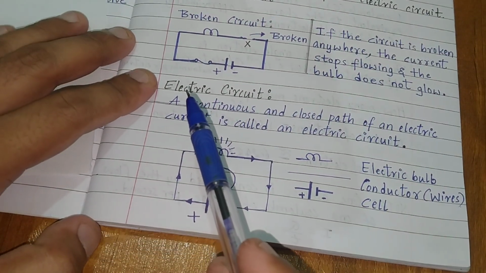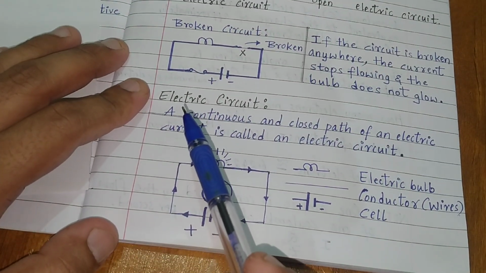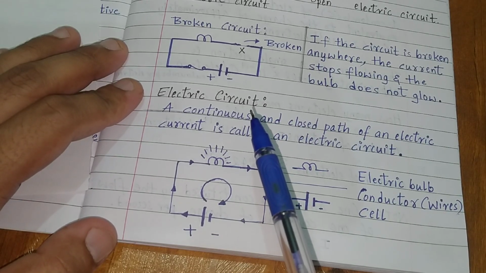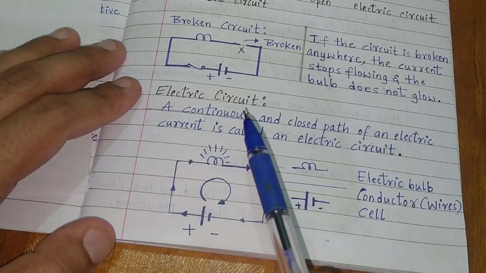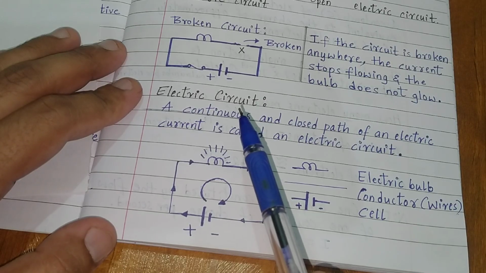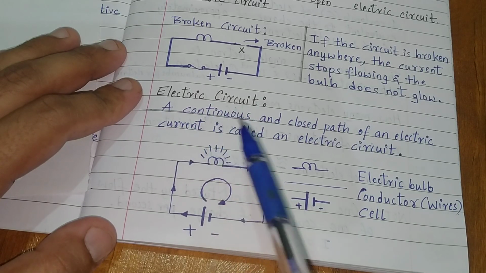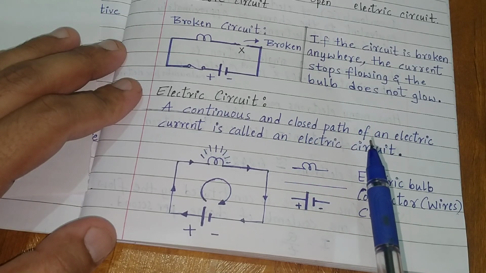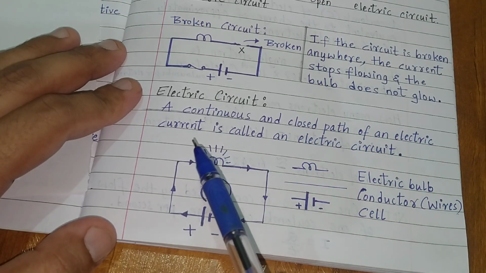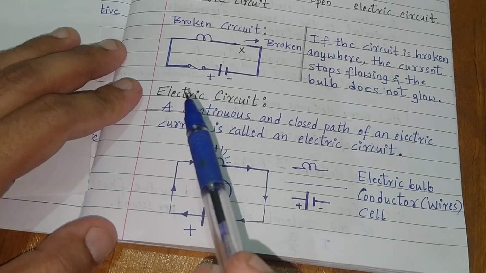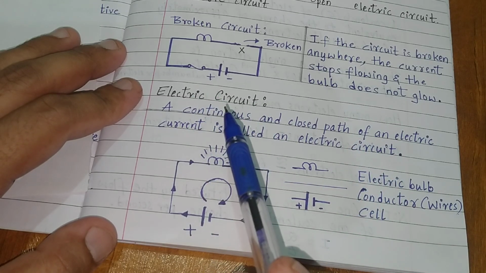Now see here, electric circuit. Define electric circuit. What do you mean by an electric circuit? A continuous and closed path of an electric current is called an electric circuit. I repeat, define electric circuit.